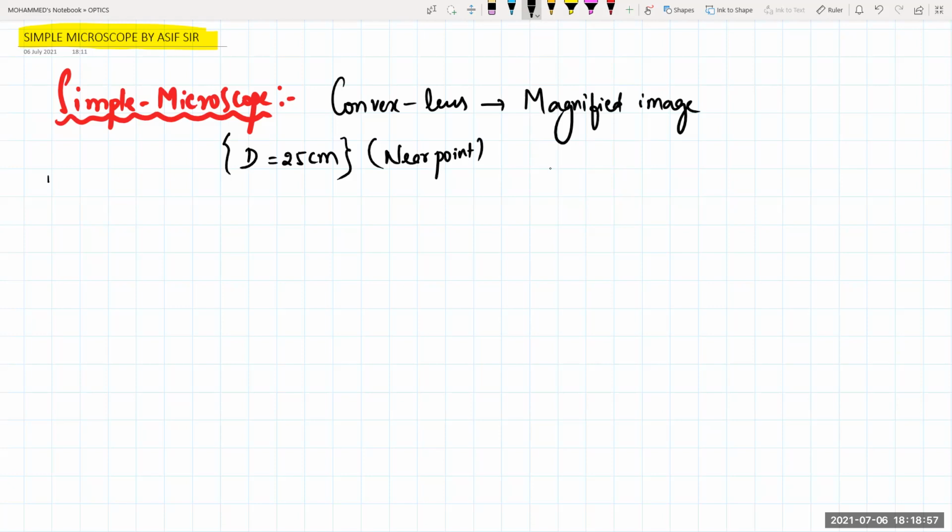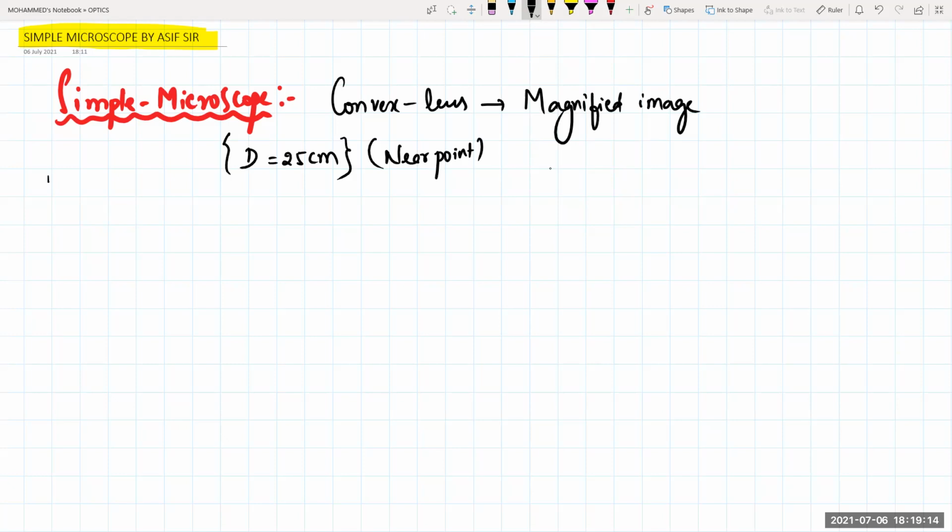Clear? Yes. So can I say that the size of the image on the retina will be directly proportional to the angle subtended by the object? Like, when you open your eyes very wide, an object appears a little larger in size, isn't it?